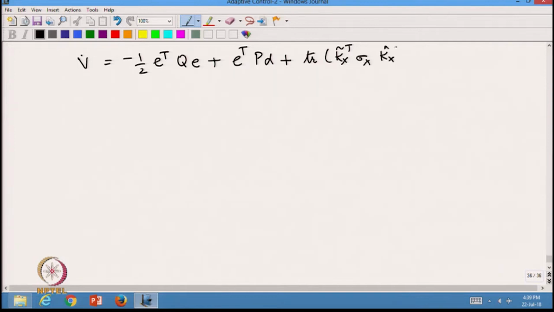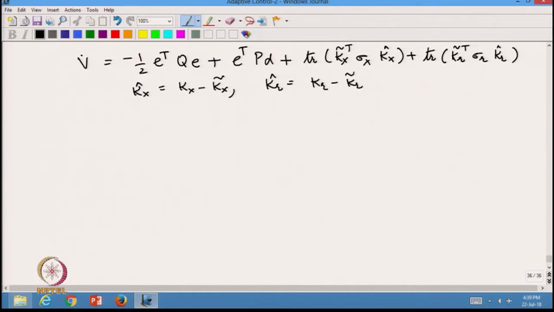Let's have it here right now, plus trace of kr tilde transpose sigma r kr hat. So now we can substitute for kx hat and kr hat here, and we know that kx hat is kx minus kx tilde and kr hat is kr minus kr tilde.